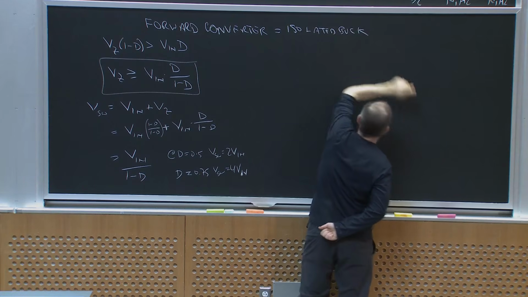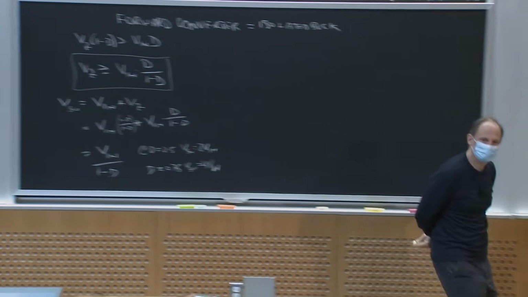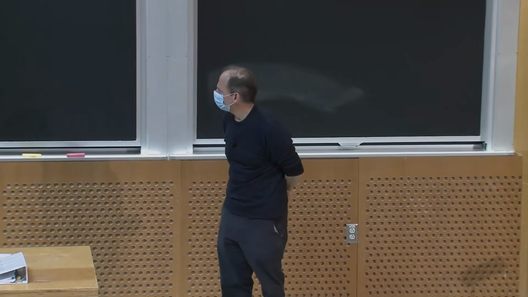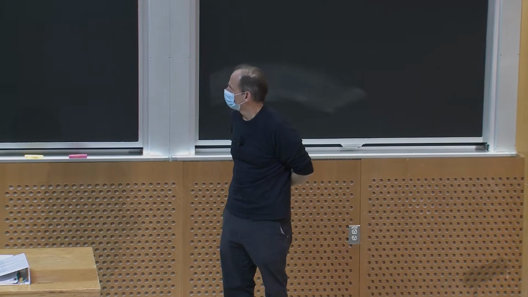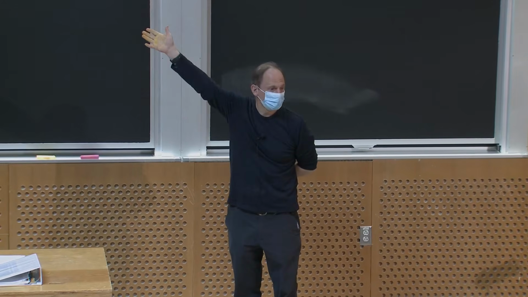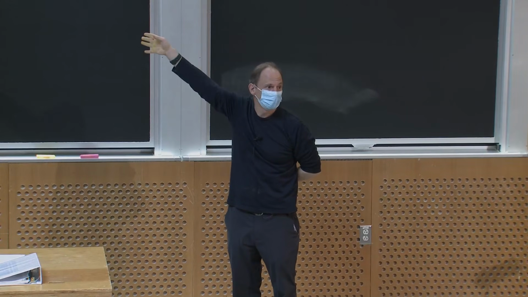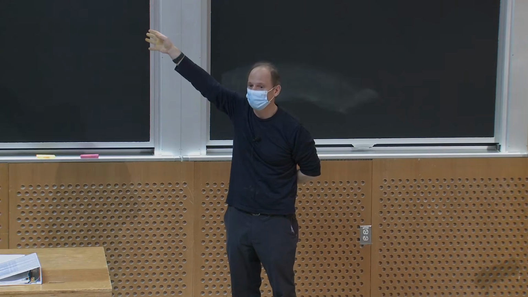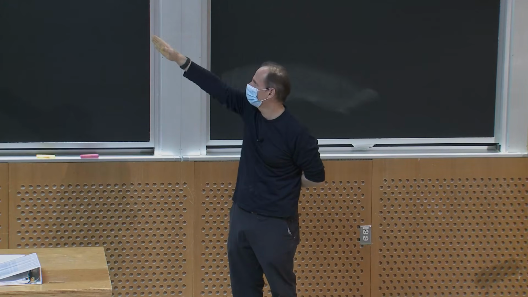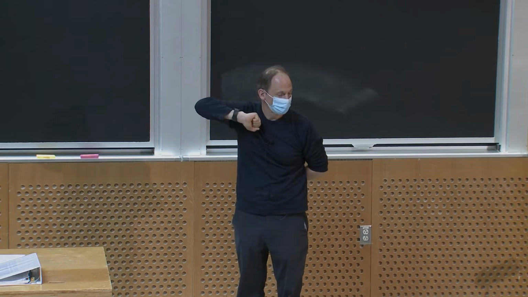I have no idea why it's called a forward converter, but that's what it's called. The forward converter has much greater stress. When I put the transformer in the middle to give me galvanic isolation, suddenly I've paid a penalty in my device voltage stress, because I need to reset the transformer.